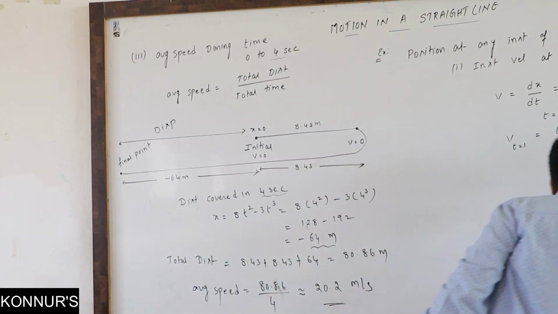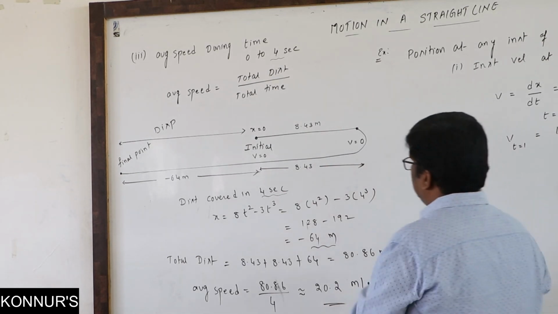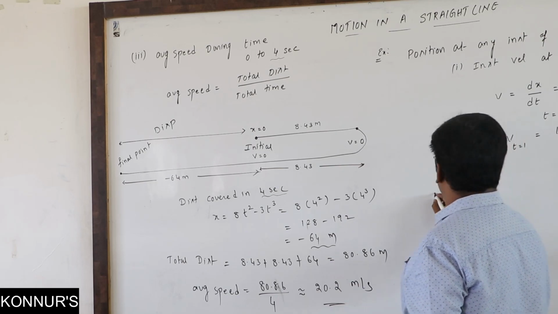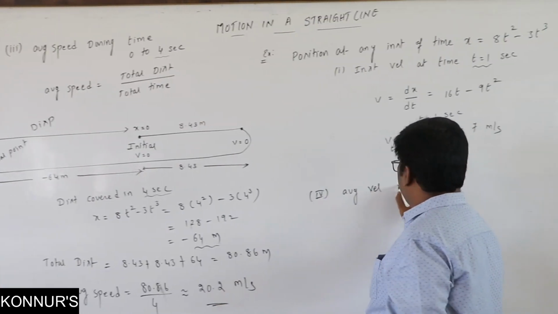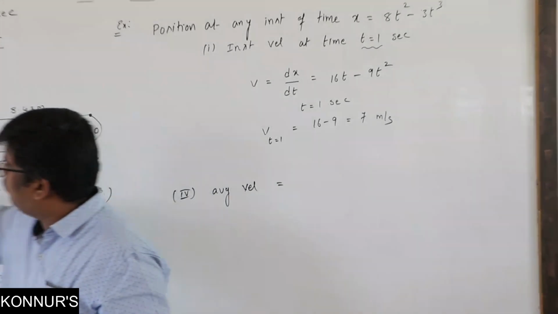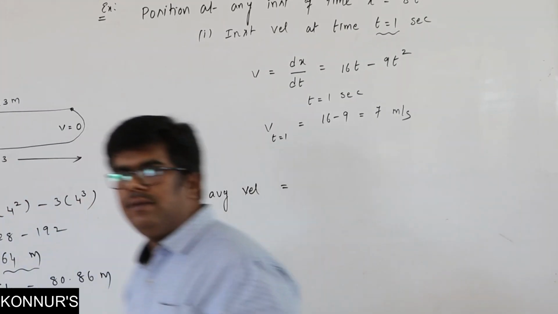If they ask average velocity, then total displacement means from initial position to final position. How much is it? Minus 64 meters.